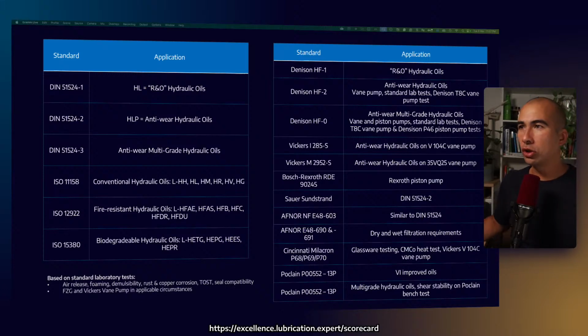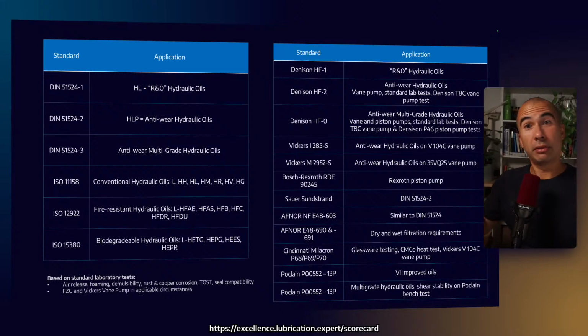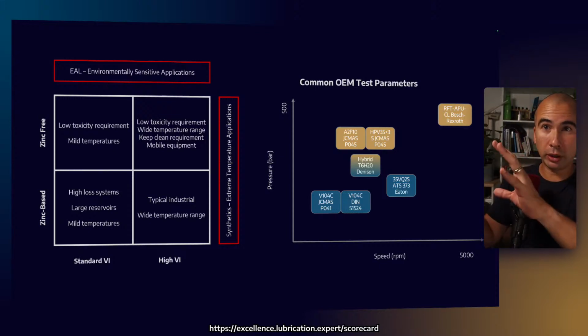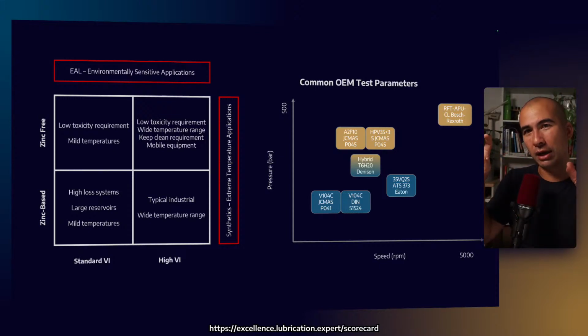Now, just going back to the hydraulics, but thanks for that question, Greg. When we talk about the different OEM standards, there's Vickers and Denison and AFNOR and Pocklane and all that sort of stuff. The gold standard is the Bosch Rexroth one. If you see Bosch Rexroth approval, that's sort of become the gold standard.